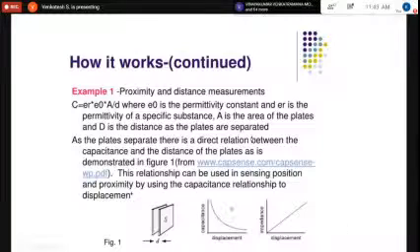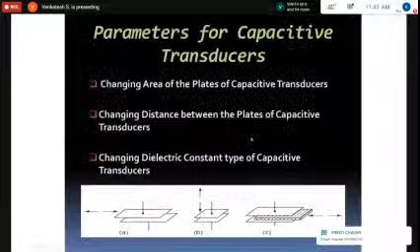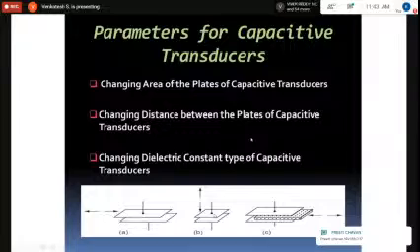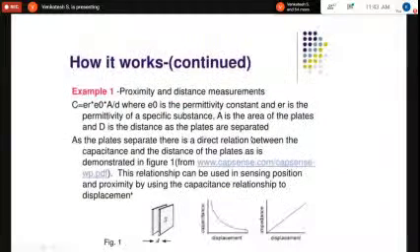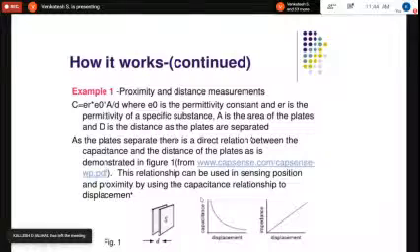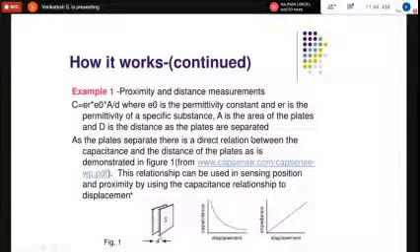So the characteristic of a parallel plate displacement transducer, where the distance between the plates is varying, is such that the capacitance decreases non-linearly with increasing displacement. This is the symbolic representation of the distance variation of the two plates, and this is the characteristic. As the displacement increases, the capacitance decreases non-linearly, exponentially, as indicated.